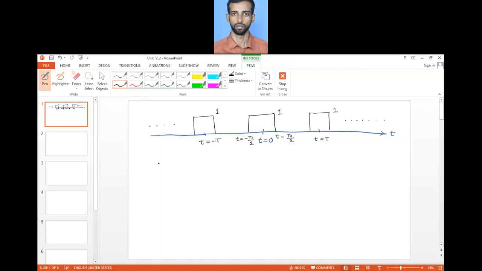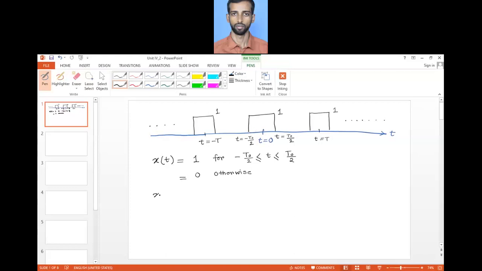So this particular signal can be represented mathematically like this: x of t is equal to 1 for minus T0 by 2 less than or equal to t less than or equal to T0 by 2, if I just consider this particular thing, and that is equal to 0 otherwise.